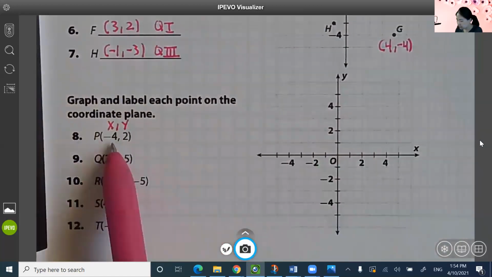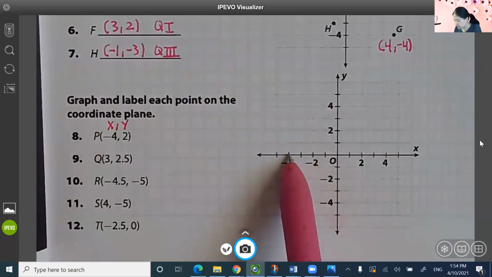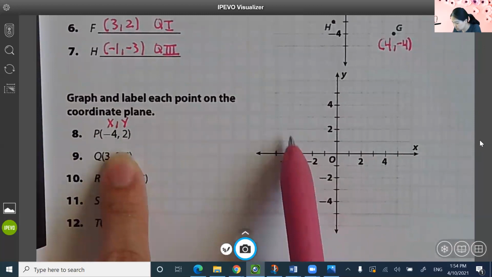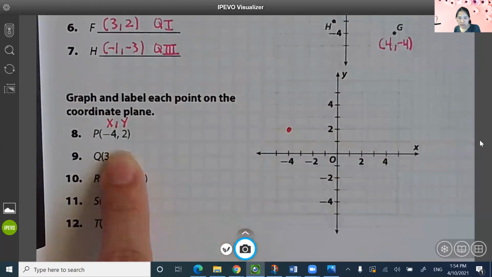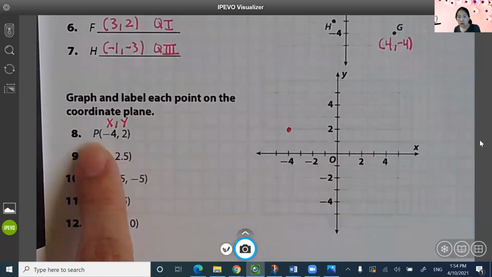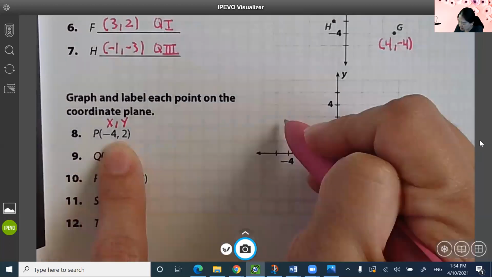So this -4 means we're going to go to the left to -4. And then the 2 means from there, we're going to go up to plot a point, and then we can either label it just P, or we can also put the coordinate. Just to keep it simple, let's just put P.